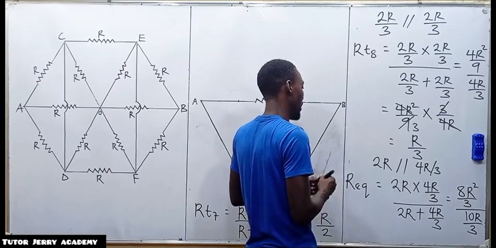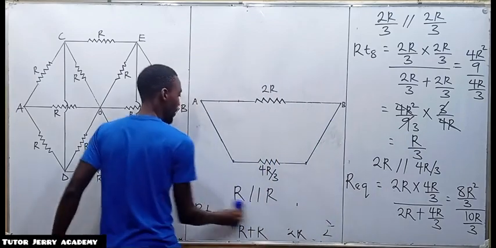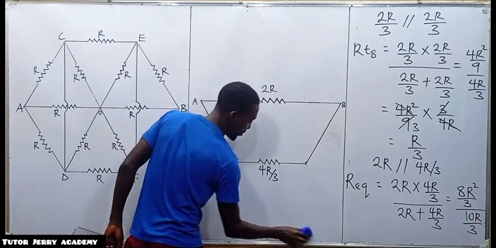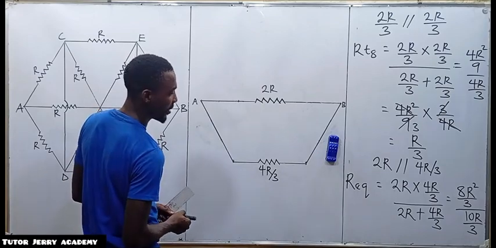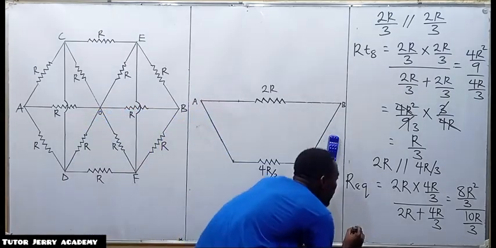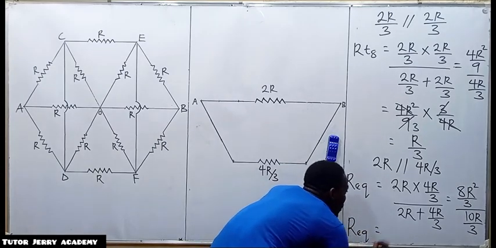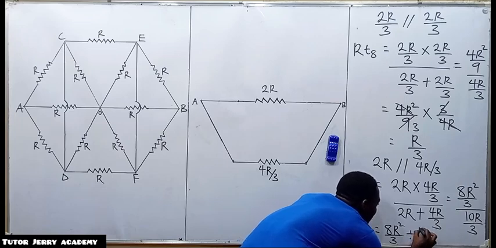All right. So let's clean this side. So it means that our equivalent resistance will be equal to 8r squared all over 3 divided by 10r all over 3.